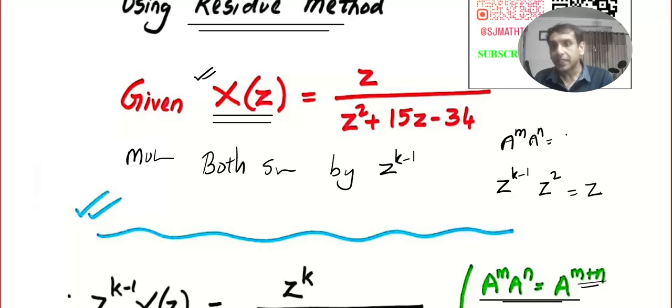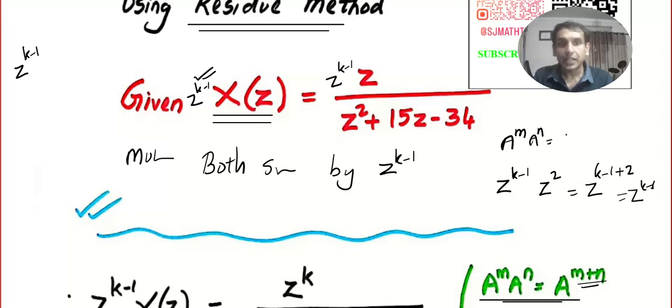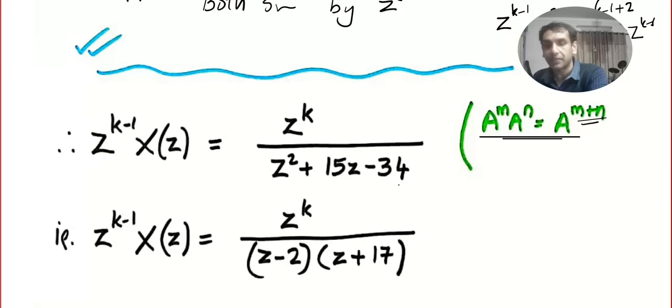It will become z to the power k minus 1 plus 2, which will be z to the power k plus 1. So what happened in the right hand side is z power k minus 1 plus 1, which happens to be z power k. So step number 1, give it a name. Step number 2, multiply both sides by z power k minus 1 and simplify.